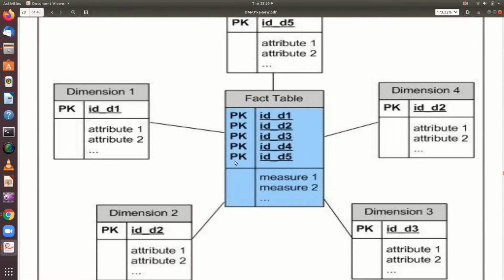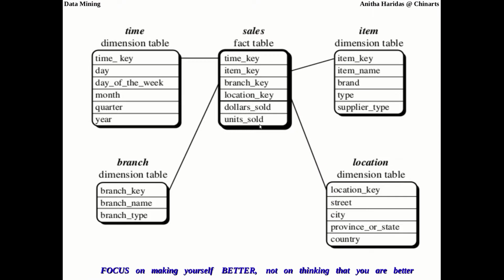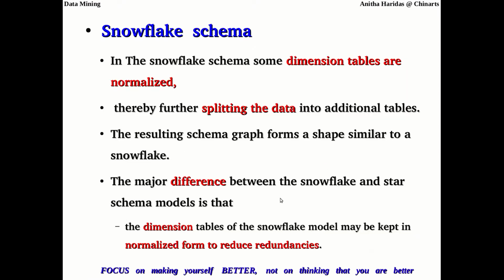So we have seen this example also, and this example also is repeated. Now the next schema is called a snowflake schema. In the snowflake schema, the dimension tables are normalized. It is also similar to the star schema.